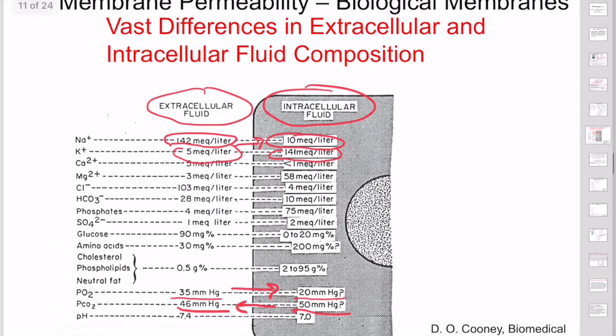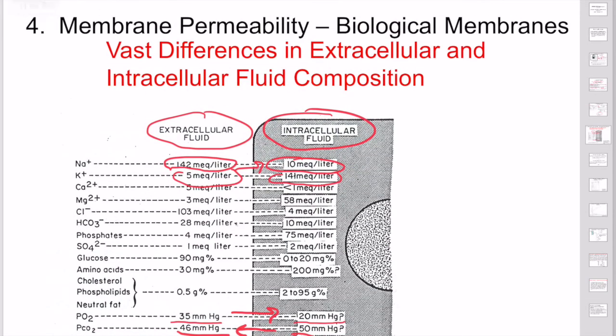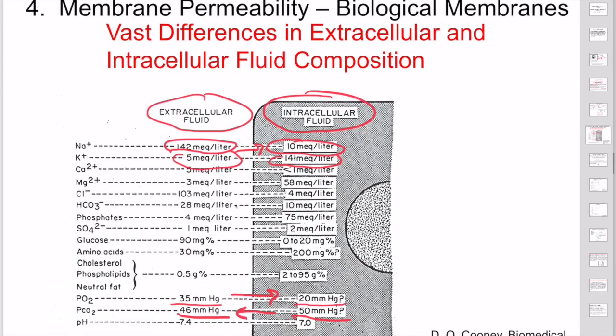Okay, and we're talking about this because I see the slide header talks about membrane permeability. So what keeps all the sodium from just balancing out, and then boom, we've got a very salty cell?